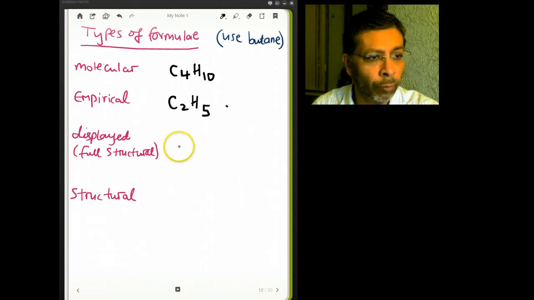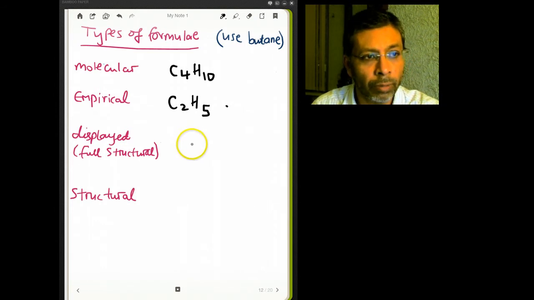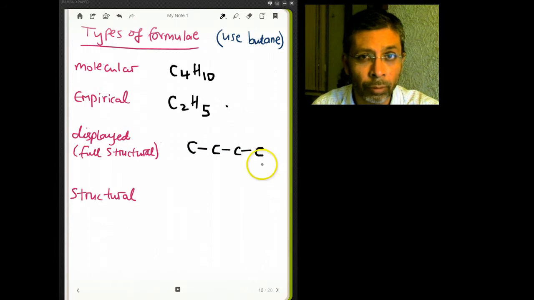Okay, the displayed formula next is basically showing all of the bonds, all of the covalent bonds. So for example, if you've got butane, 4 carbons, 1, 2, 3, 4, and remember every carbon has to have 4 bonds. So 1, 2, 3, and there's one there.